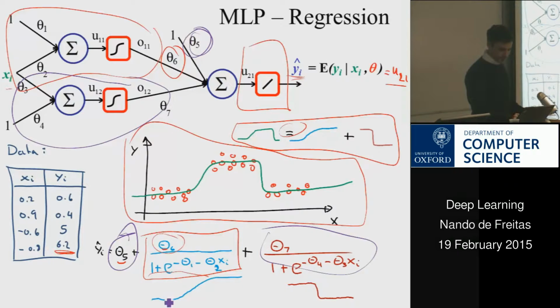Each of these functions is a sigmoid between 0 and 1, but I can scale it to be larger than 0 or 1 by using theta 6. So now I have a brick that I can move up and down, and I can stretch it this way.